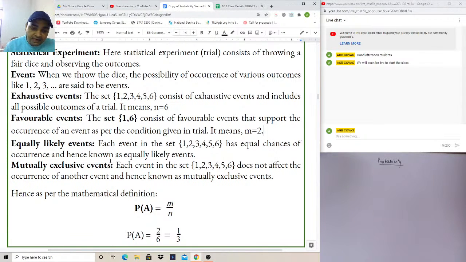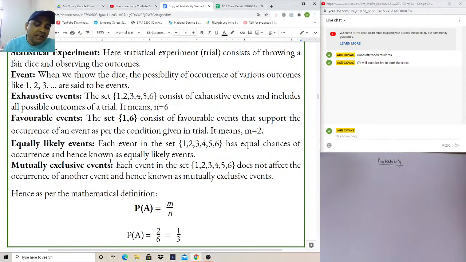Each event in the set does not affect the occurrence of another event and hence is known as mutually exclusive. That is, if 1 comes, others will not come. If 2 comes, others will not come. If 3 comes, others will not come. Like this, they cannot occur in conjunction, and hence they are mutually exclusive.